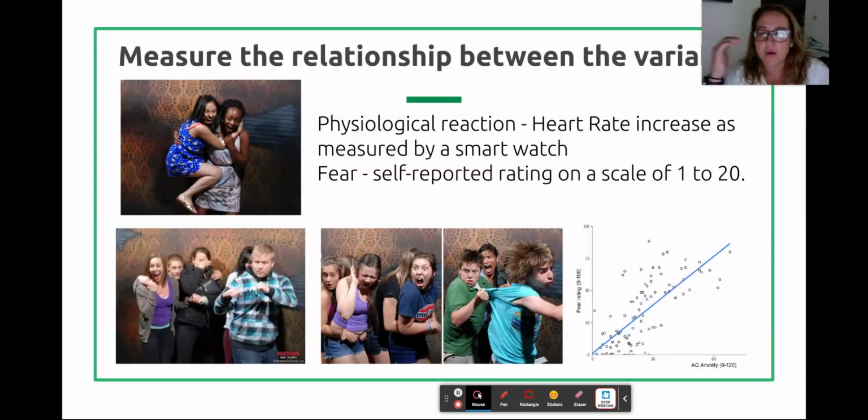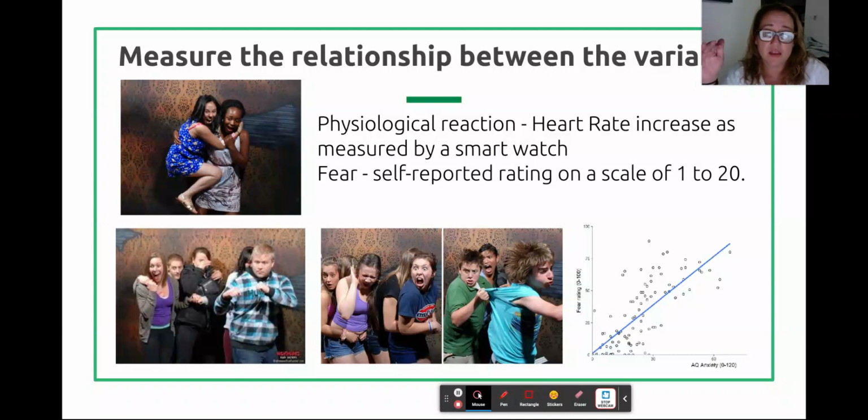The next thing they need to do is collect data and measure. They're testing what relationship these two variables have, the physiological response and the fear. Here they notice that there's a physiological response: their heart rate increases.